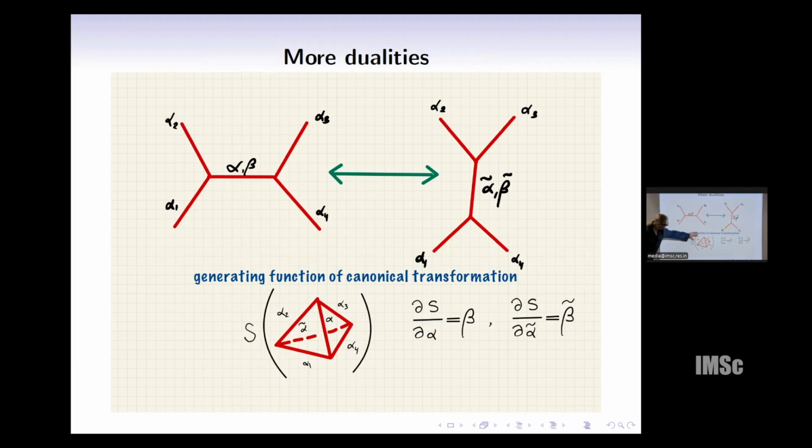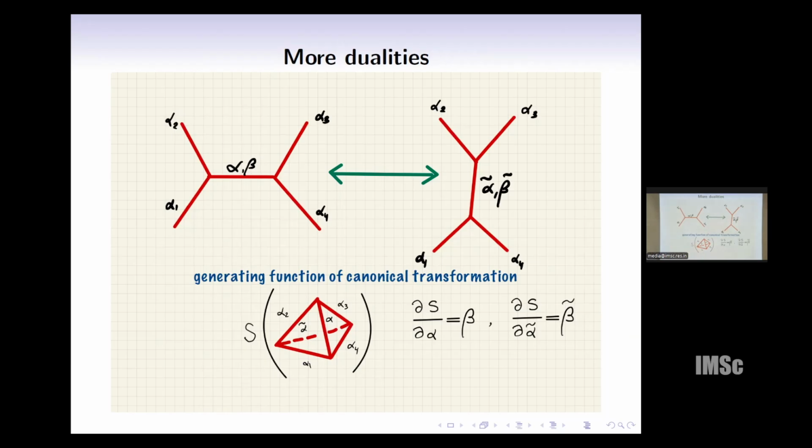So this picture suggests that this generating function has something to do with a tetrahedron, whose side lengths are given by all these alphas. There are 4 alphas which sit on the outer edges, and there is an alpha on the internal edge, and then the flipped internal edge. So there's some geometric quantity which you associate to a tetrahedron.